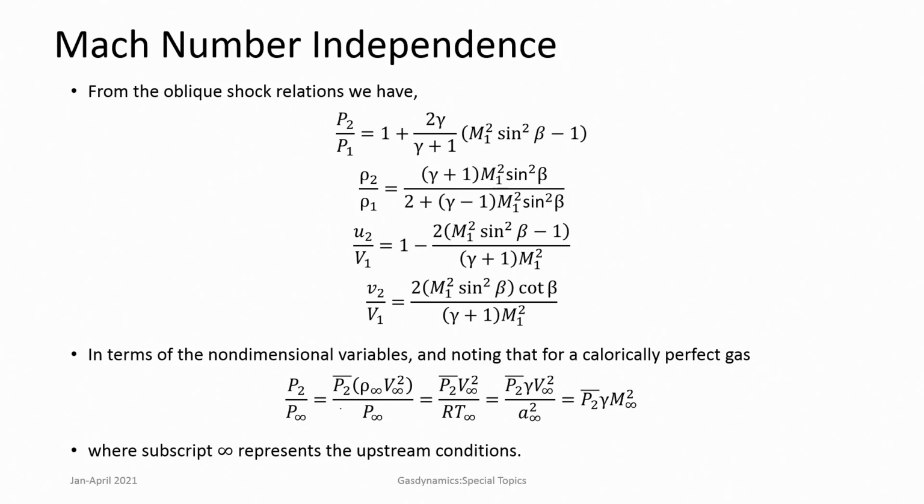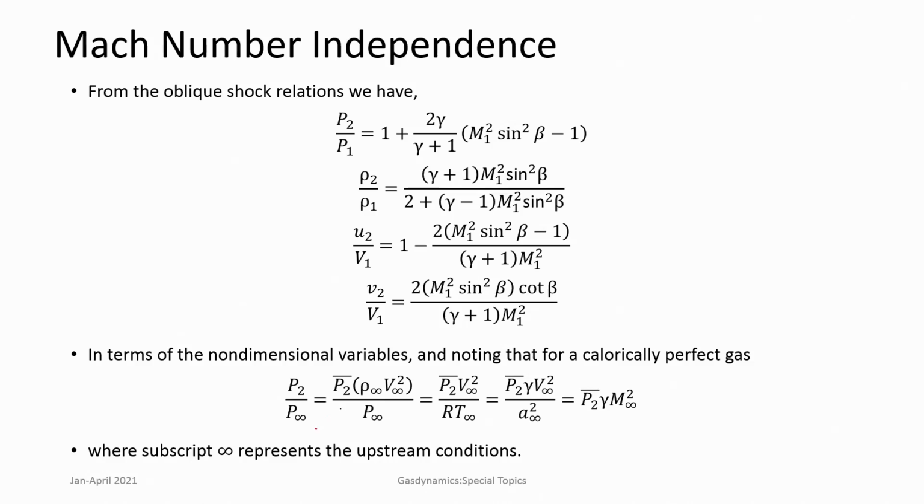This is a fact that we have also noted while discussing the oblique shock relations: if we non-dimensionalize the variables appropriately, like coefficient of pressure, CL, CD, or rho 2 by rho 1 or P2, appropriately non-dimensionalized by rho infinity square, they all become independent of Mach number.